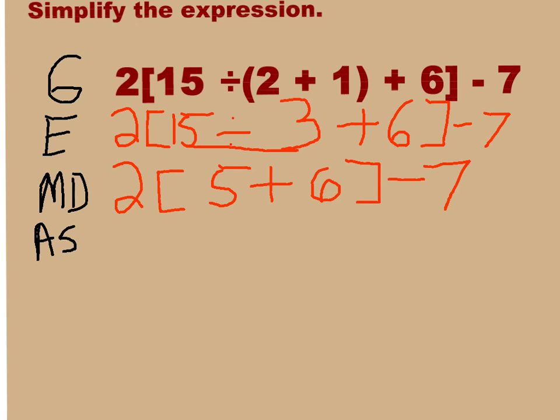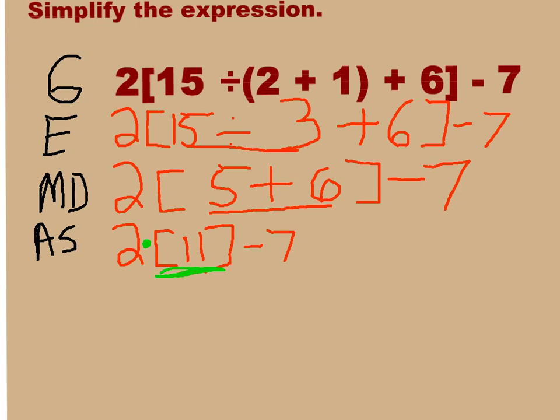We still have a grouping symbol, so we're going to continue and do 5 plus 6 because it's in the brackets. So 2, bracket, 11, and then that should be our next step. Well, we still do have a grouping symbol here if we look, but this grouping symbol is telling us to take the 2 and there's an invisible multiplication dot right there.